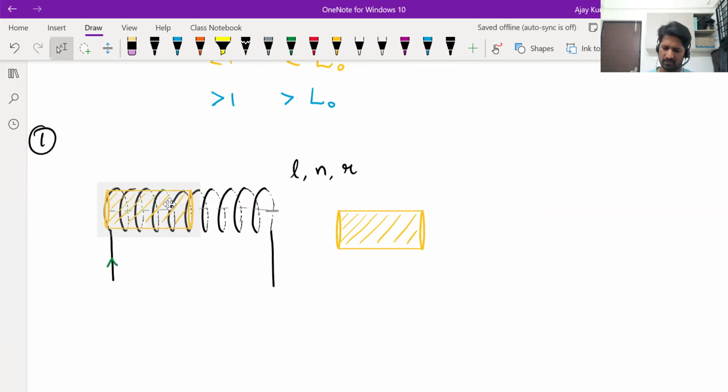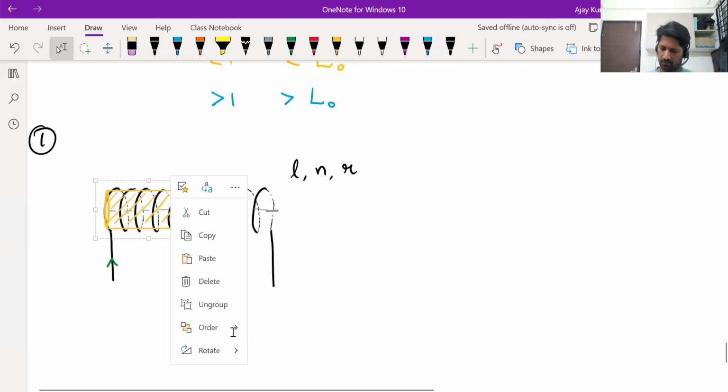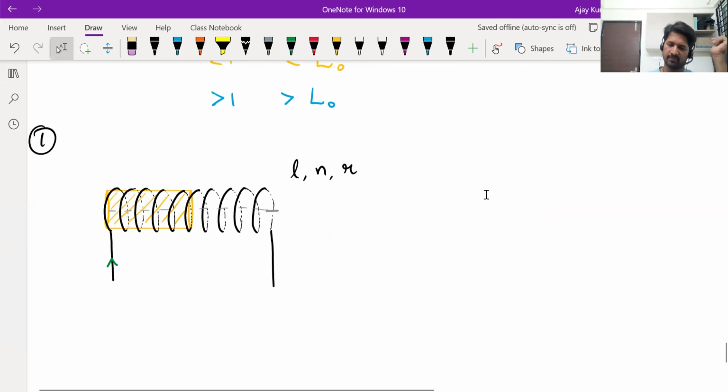The question is to derive its self-inductance. Think of how to do it. And the material's susceptibility is given to you. Let's take susceptibility as X itself.